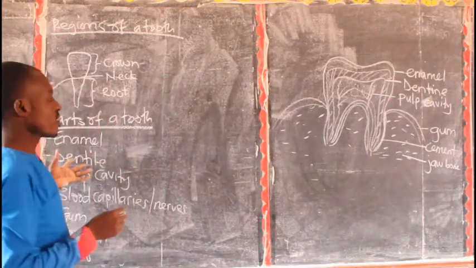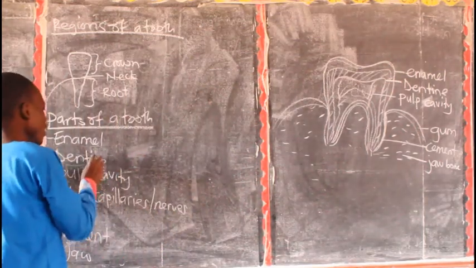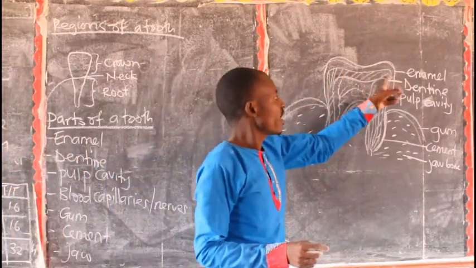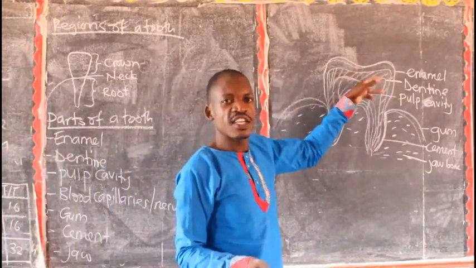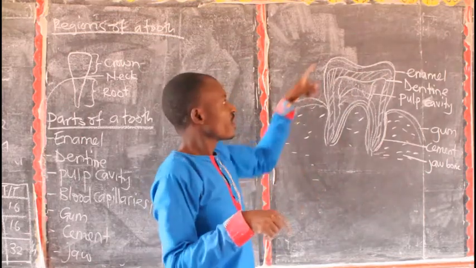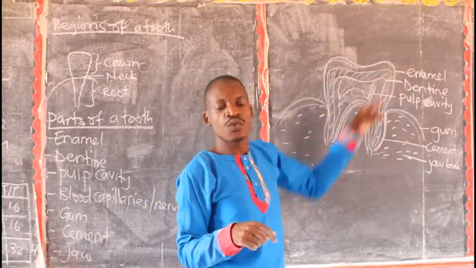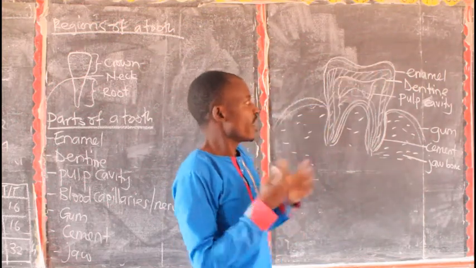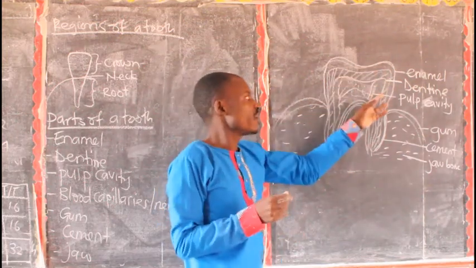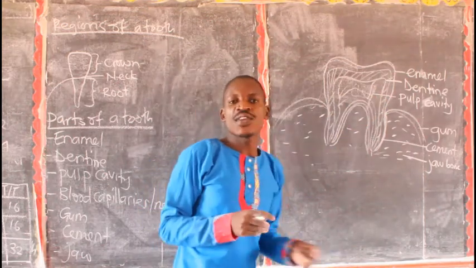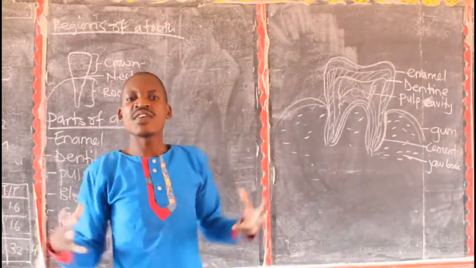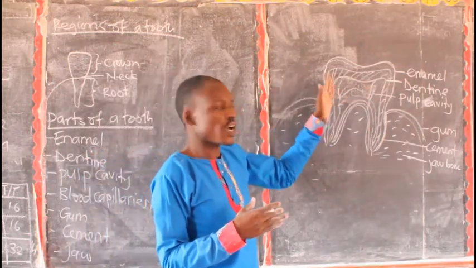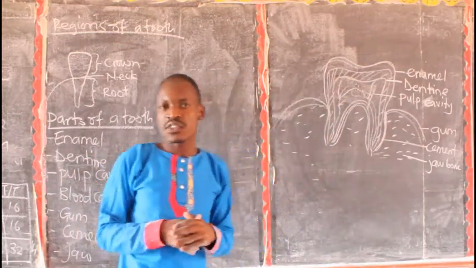Then the next one is dentine. Dentine is here, the second layer. The importance of the dentine is to replace the enamel when it wears or tears. Then the third part is what we call the pulp cavity. As you hear, cavity is just a hole which contains blood vessels or capillaries with nerve endings.